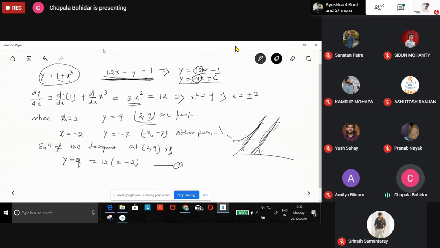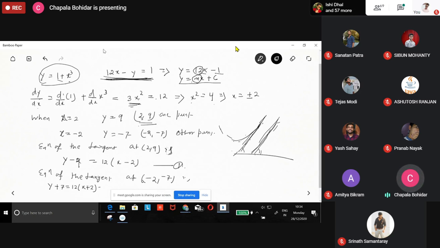Then the equation of the tangent at (minus 2, minus 7): what do you write down here? It is y plus 7 equal to 12 into (x plus 2).